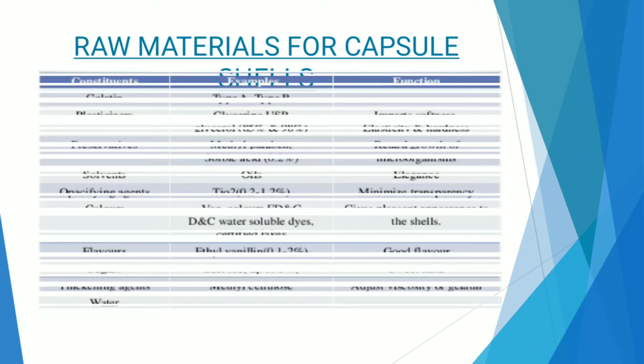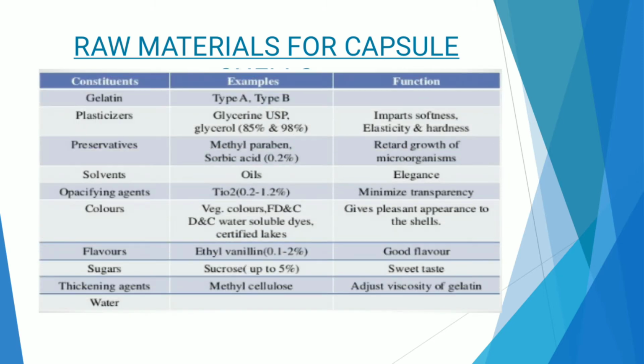So, basically, the various raw materials which are used for capsules are gelatin, which may be either type A or type B, and plasticizers, so glycerin USP or glycerol 85% and 98%. Its function is to impart softness, elasticity and hardness.